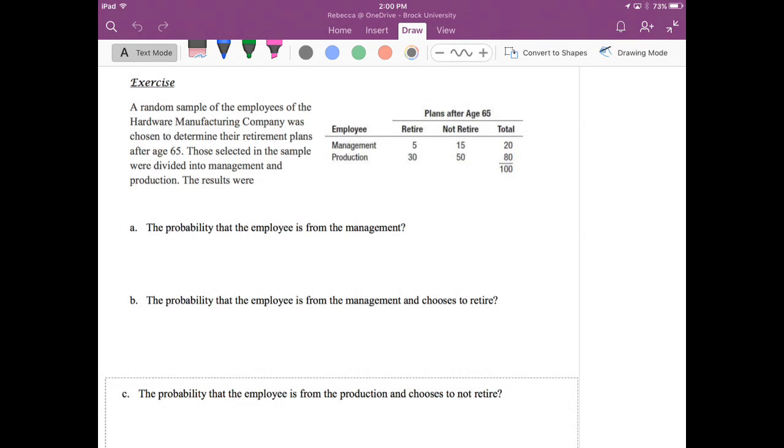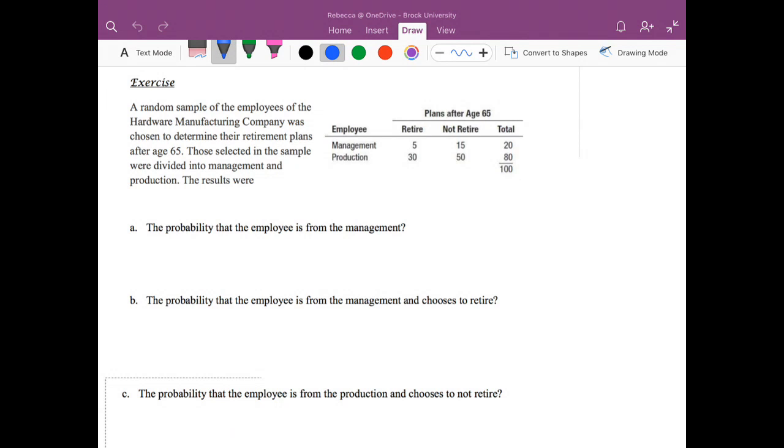So looking at this question, we have a random sample of employees, 100 of them to be exact, and we're looking at their choice to retire after age 65. So we have them divided by management and production, and then whether they're going to retire or not retire after age 65. So the first thing that I see when I'm looking at a table like this is I want totals. I want total columns.